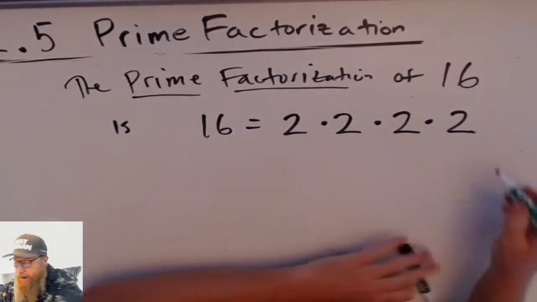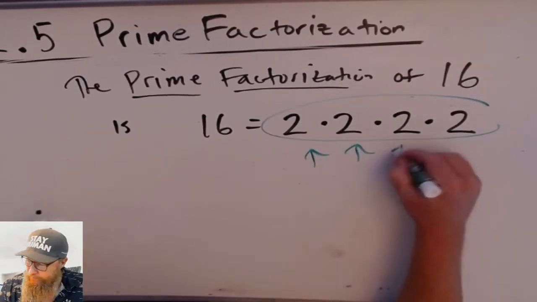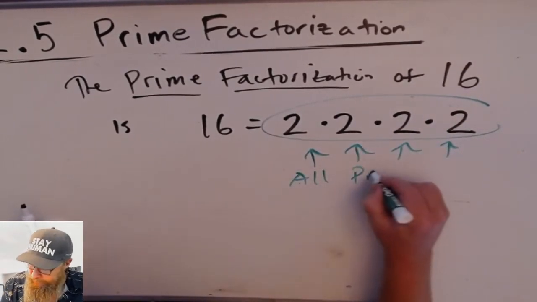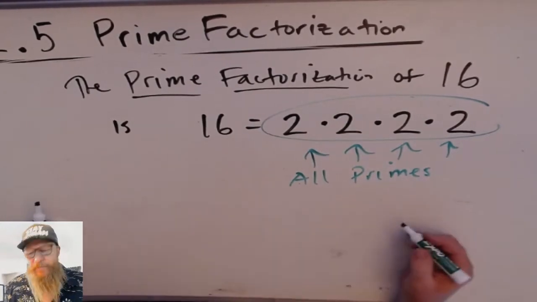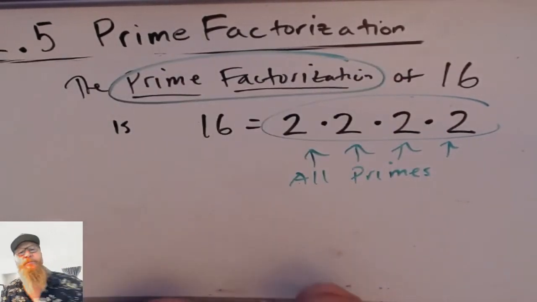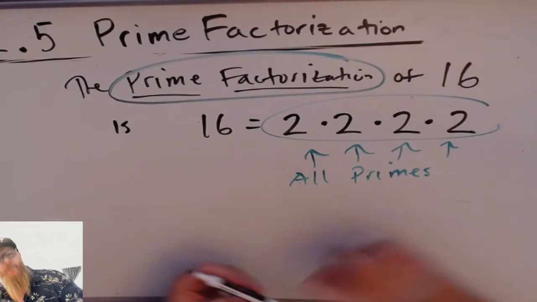All of these are primes. So this is a prime factorization: 2 times 2 times 2 times 2.